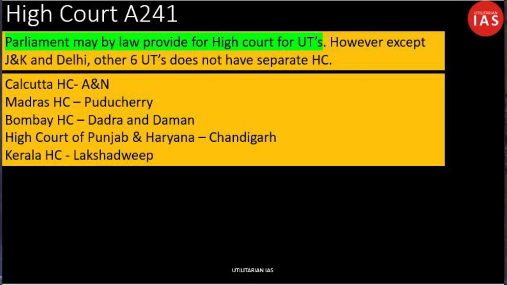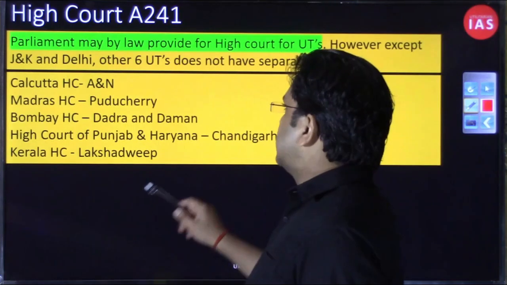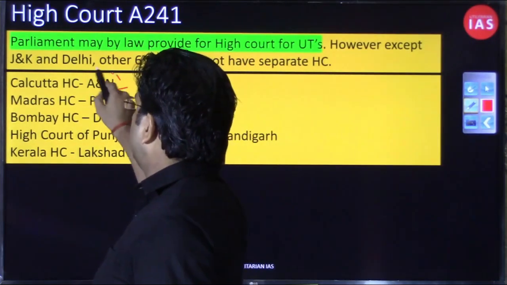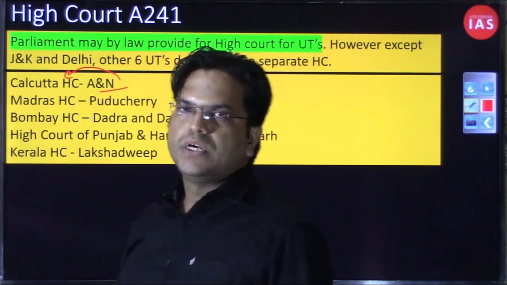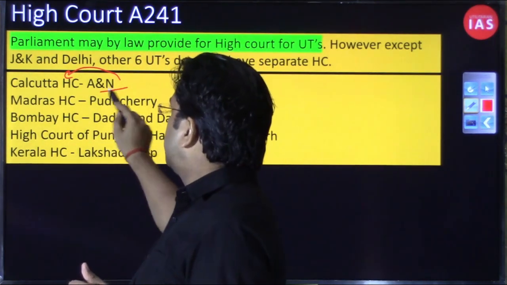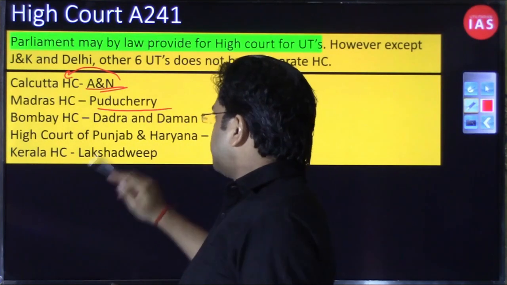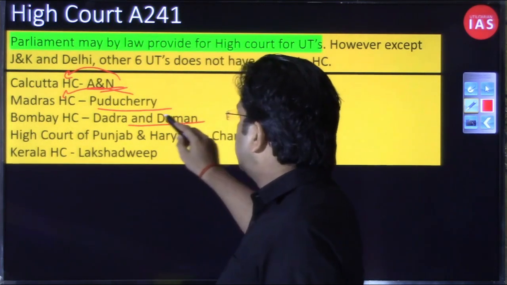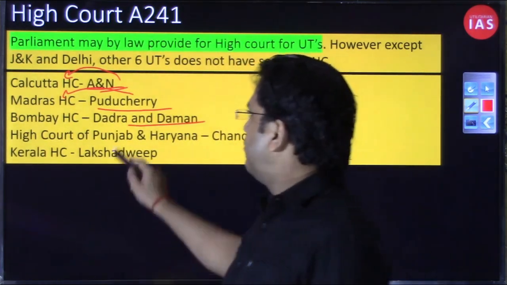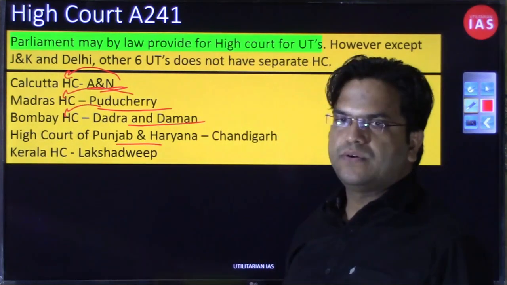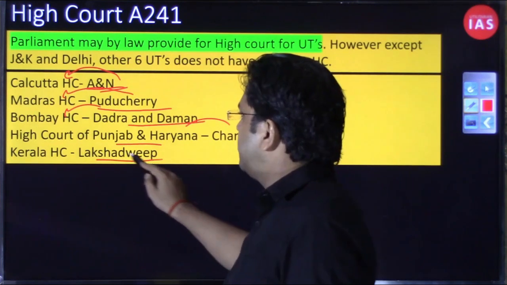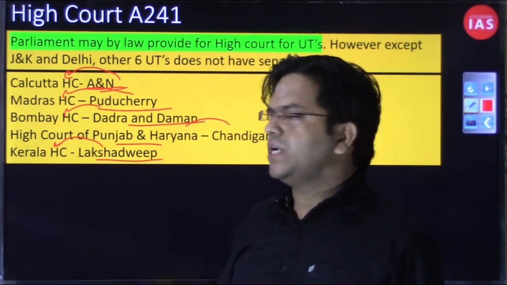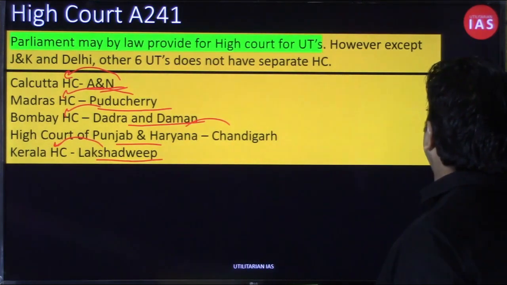Except 2 union territories, J&K and NCT of Delhi, no union territory has a separate High Court. As far as Andaman Nicobar is concerned, its High Court is in Calcutta, the Calcutta High Court, which looks at West Bengal's cases and also Andaman Nicobar's. Puducherry's cases go to the Madras High Court. Dadra and Nagar Haveli and Daman and Diu come under the Bombay High Court. Chandigarh's cases go to the Punjab and Haryana High Court, and Lakshadweep's cases are heard in the Kerala High Court in Ernakulam. I hope you have clarity on the High Court provision.